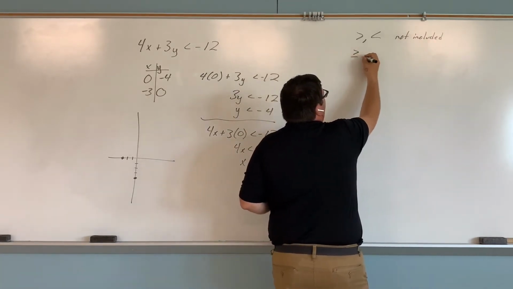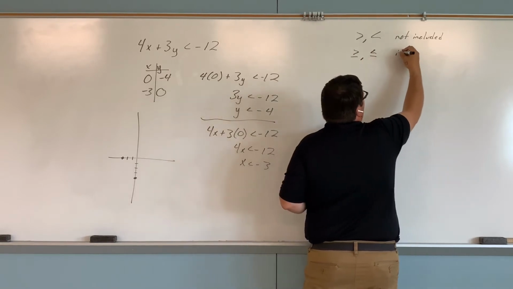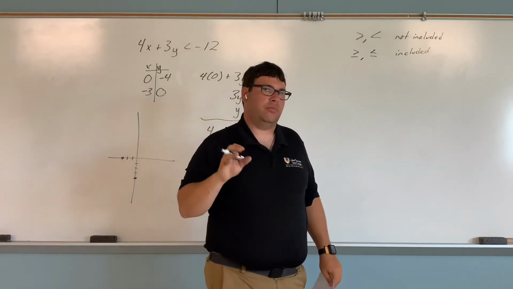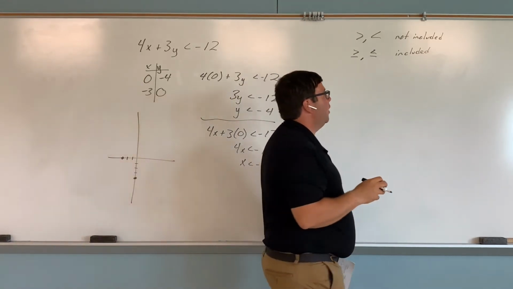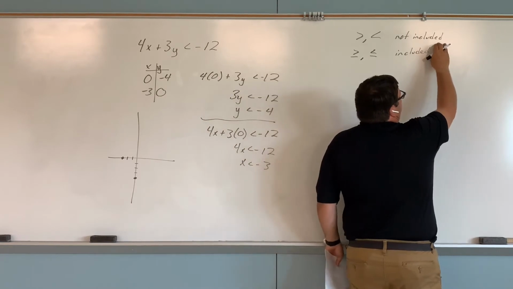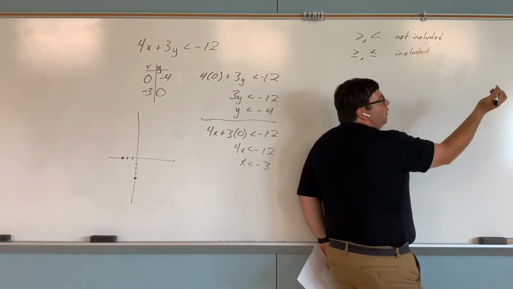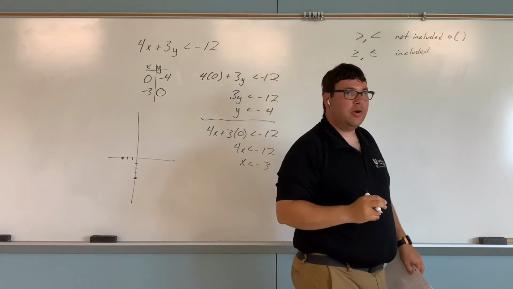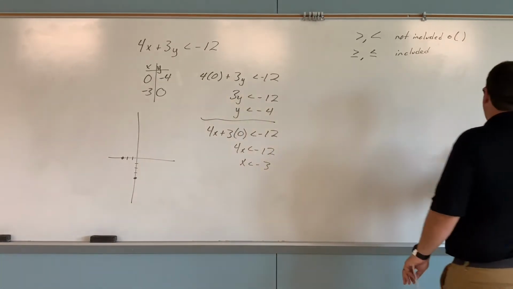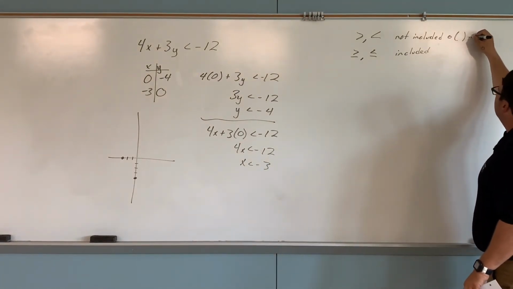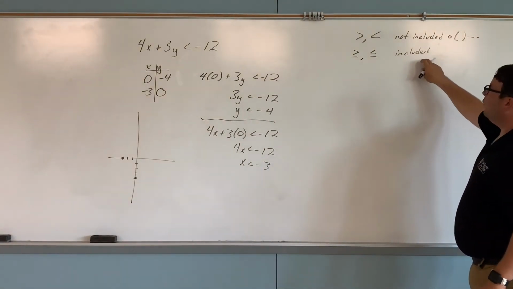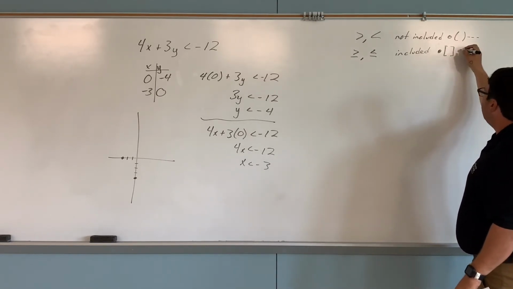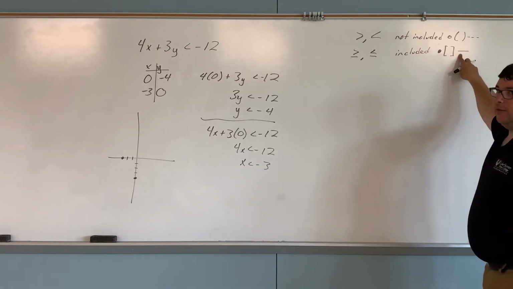But greater than or equal to and less than or equal to are included values. And as you recall, with the not included values, you used open circles and parentheses. Well, now you're going to get to add to that. You're going to add dashed lines. Included values used solid circles, square brackets, and now you can also include solid lines.